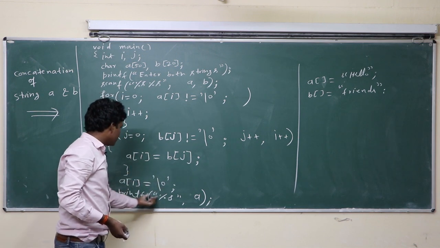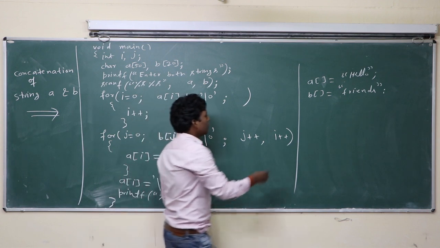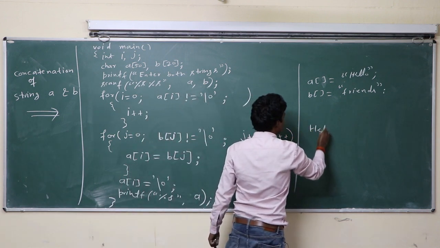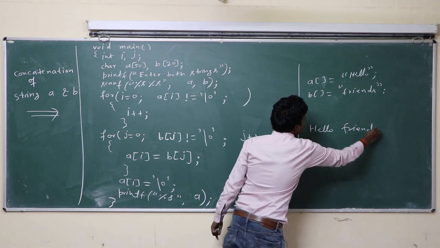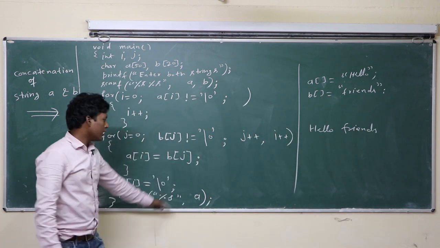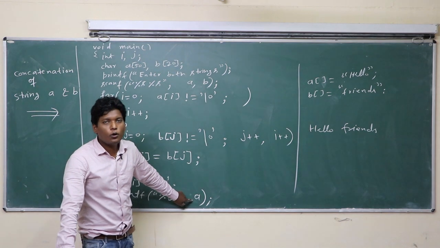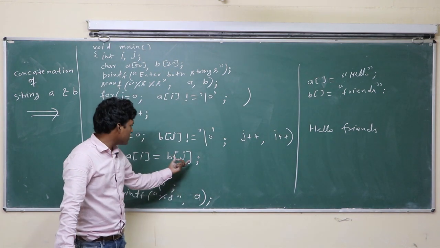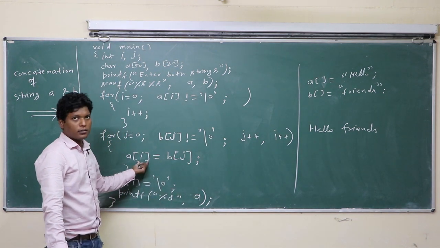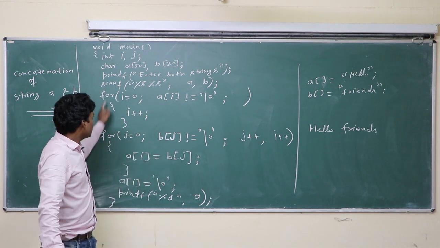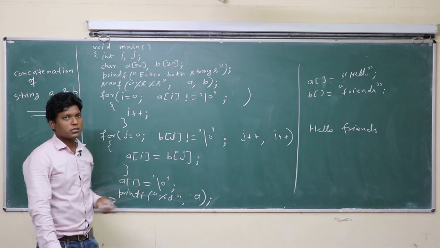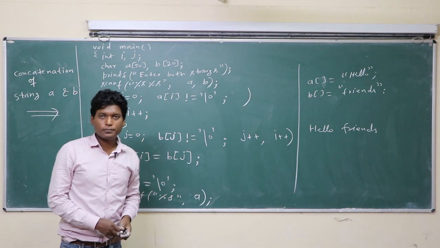So when you print %s A, the result is hello friends. Here A has hello friends because friends is copied after hello. So this program is concatenation of two strings, string A and string B.